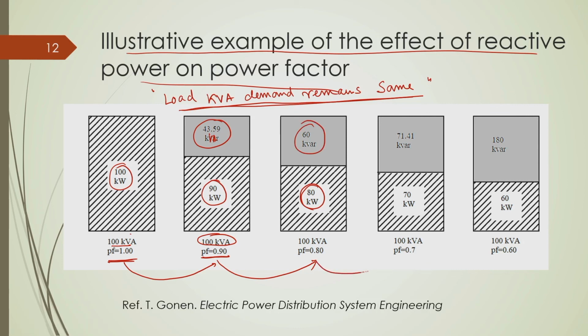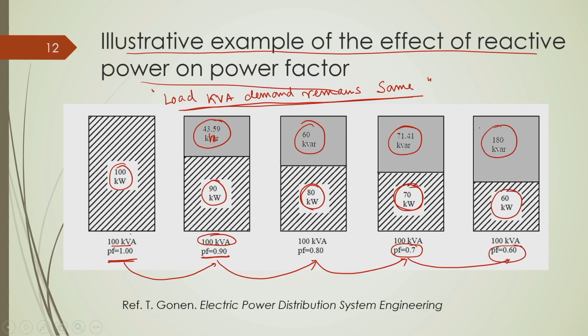Then again the power factor is changed to 0.7. Again this causes a reduction of active power to 70 kilowatt and an increase in reactive power to 71 kVA.